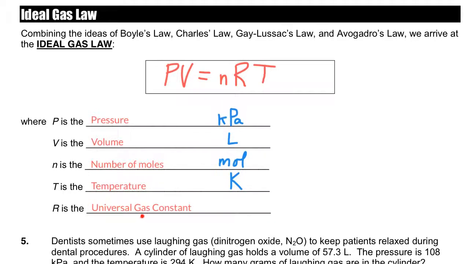Now this universal gas constant has a value of 8.3145 for every gas, and its units are weird, to say the least. They're called kilopascal liters per mole Kelvin. So because these are the units used in the universal gas constant, you have to use the corresponding units for P, V, n, and T.